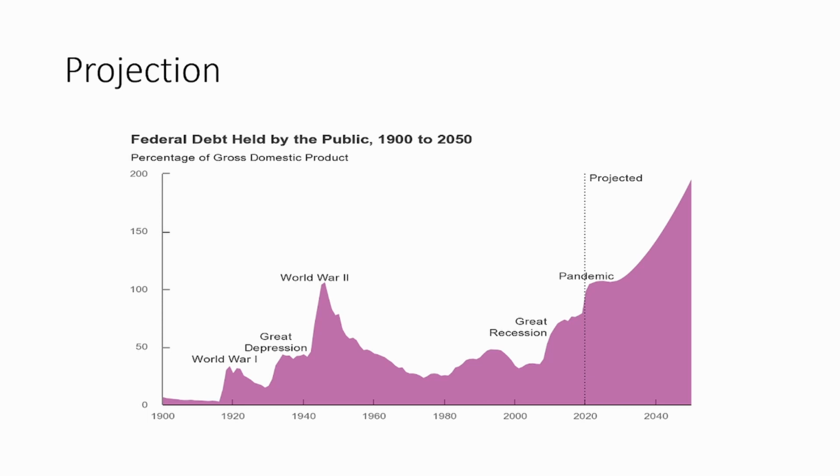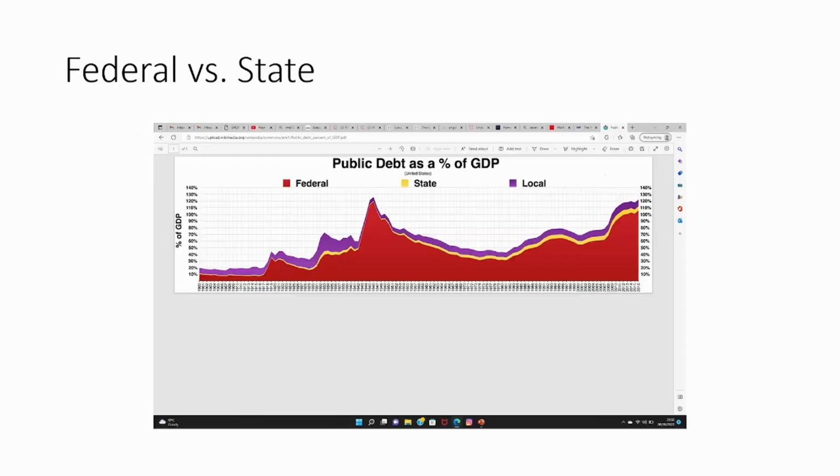Then you have the pandemic in 2020, you again see a spike, but the post-pandemic effect is likely to be sustained for a long time, and therefore you expect that the debt to GDP ratio will continue to grow for the next couple of decades until it touches around 200% in 2050.